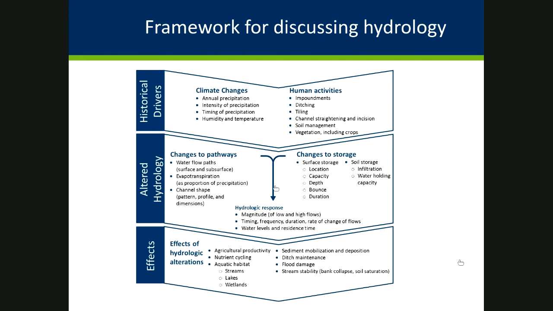These result in a hydrologic response. That's some of what I've shown you today. Differences in magnitude, timing, seasonal patterns of flow. And then a separate talk, not for today, is what are the effects of these hydrologic alterations, these changes in hydrologic response? So as you think about BMPs, think about how they change pathways of water flow and how they change the storage capacity of the landscape.